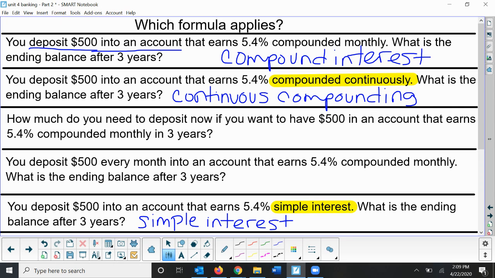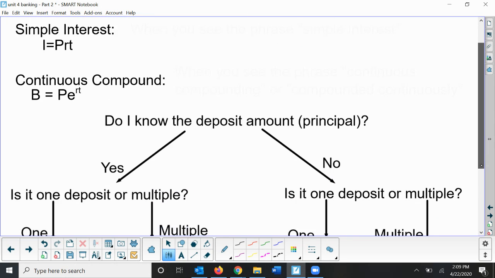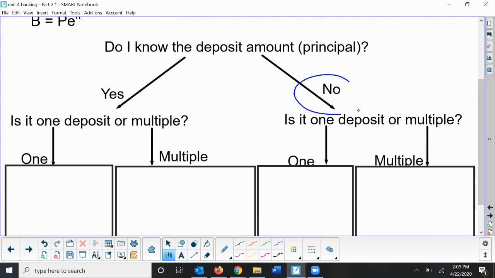For my next one, the third one down here, it says, how much do you need to deposit now if you want to have $500 in an account? So I ask myself that first question: do I know the deposit amount? In this case, no, I don't know the deposit amount.